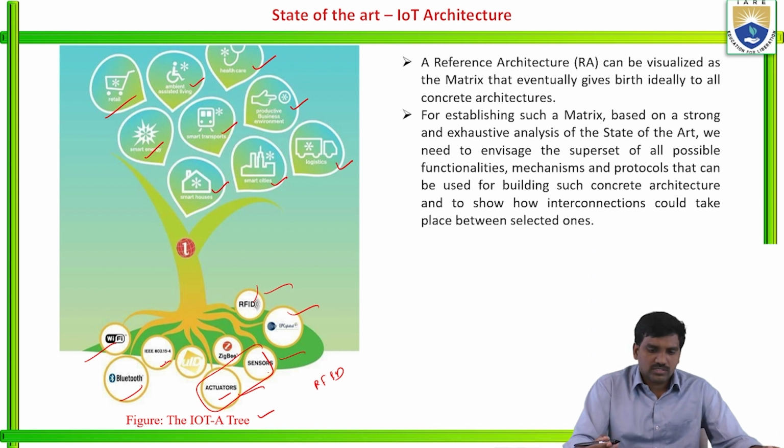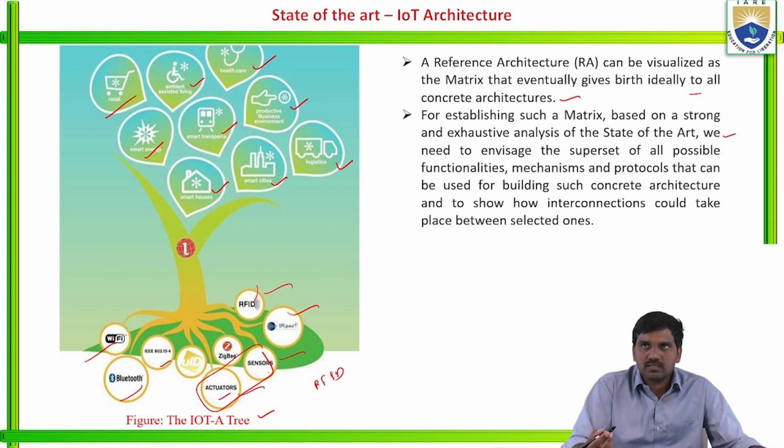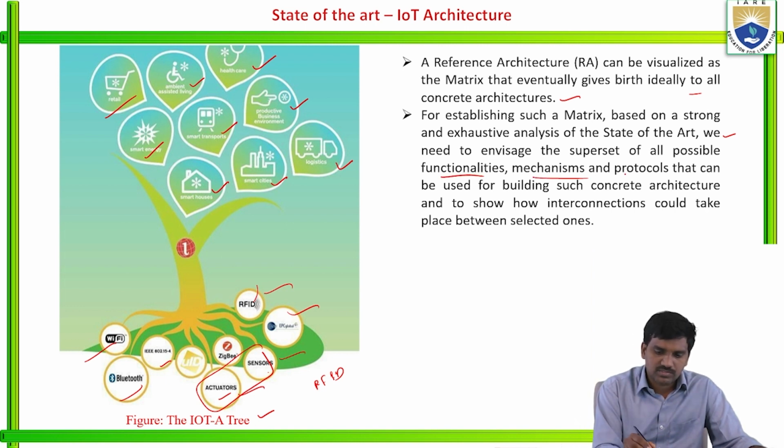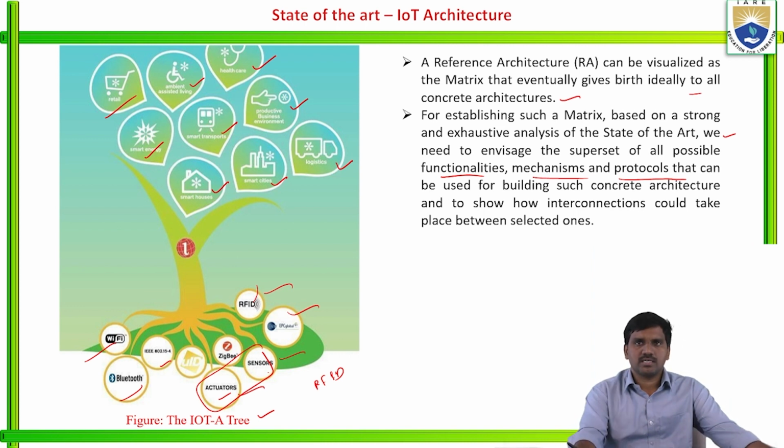Next, the reference architecture can be visualized as a matrix that eventually gives birth, ideally, to all the concrete architectures. For establishing such a matrix based on a strong and exhaustive analysis of the state of the art, we need to envisage the superset of all possible functionalities, mechanisms, and protocols that can be used for building such concrete architectures, and show how interconnections could take place between the selected ones.